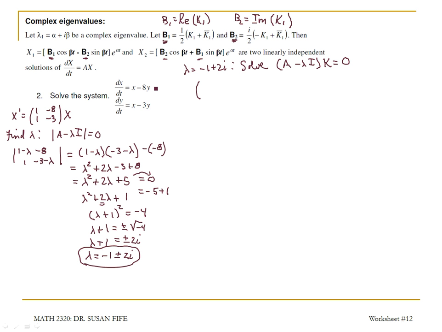So I'm actually adding 1 and subtracting 2i. That's going to give me a 1 plus 1, which is 2, subtract off 2i. And here adding 1 gives me a negative 2, and then minus 2i, times K equals 0.